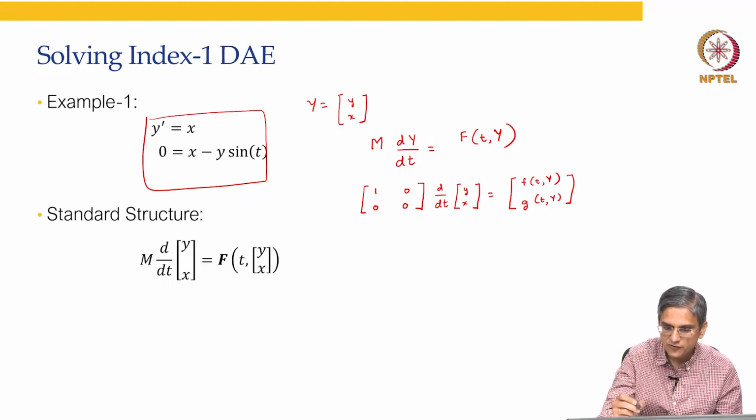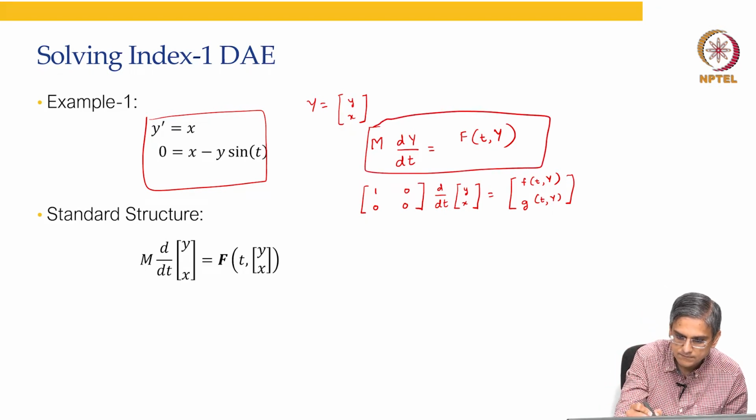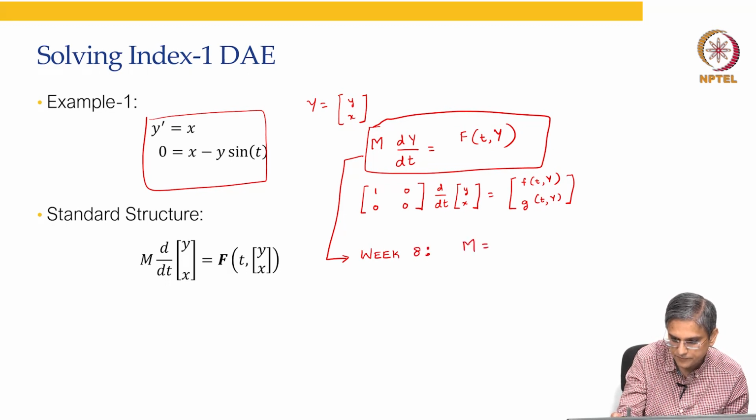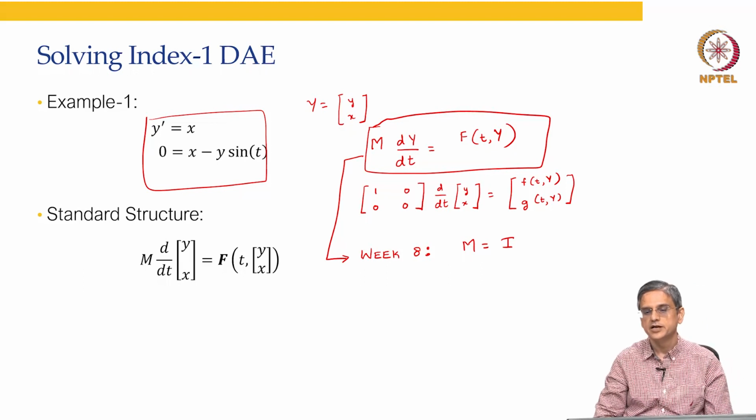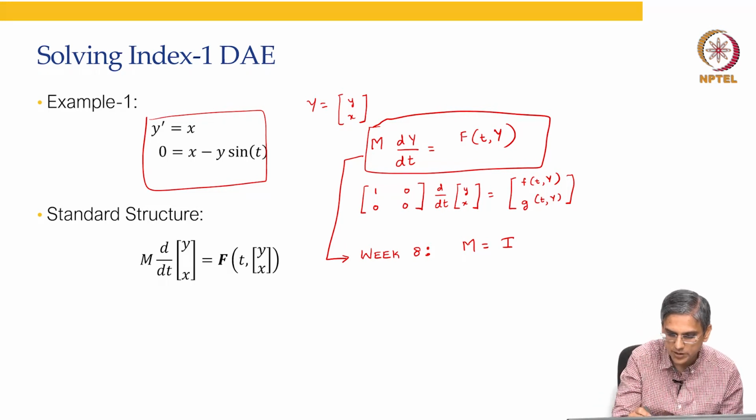If you look at this particular equation, in week 8, the M was an identity matrix. That was what we covered in week 8.